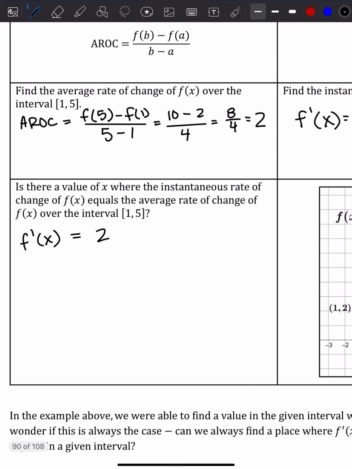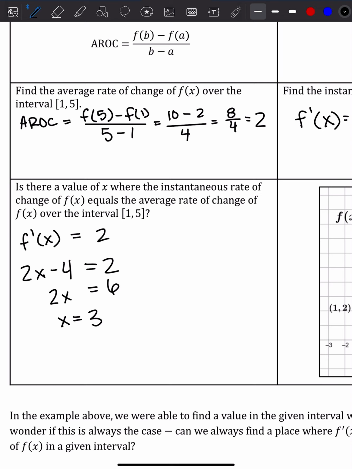Well, f prime of x we just found is 2x minus 4. So we want to decide what x would be when 2x minus 4 is equal to 2. So if I add 4 to both sides, I get 2x equals 6. And if I want to get x by itself, 3.